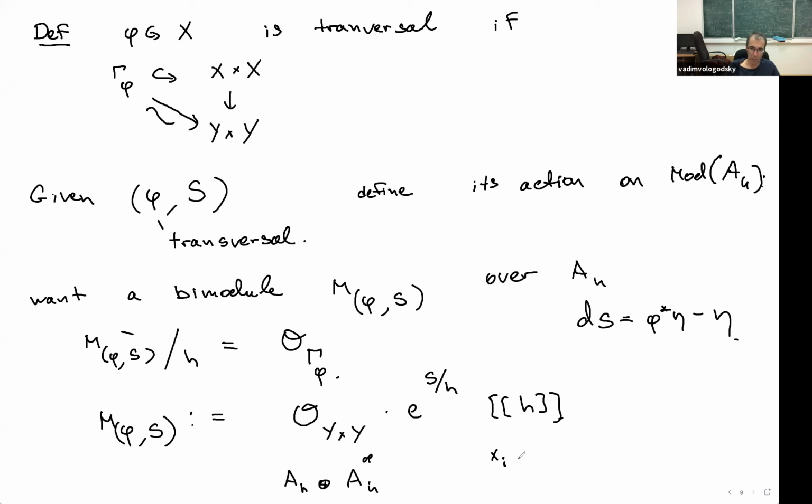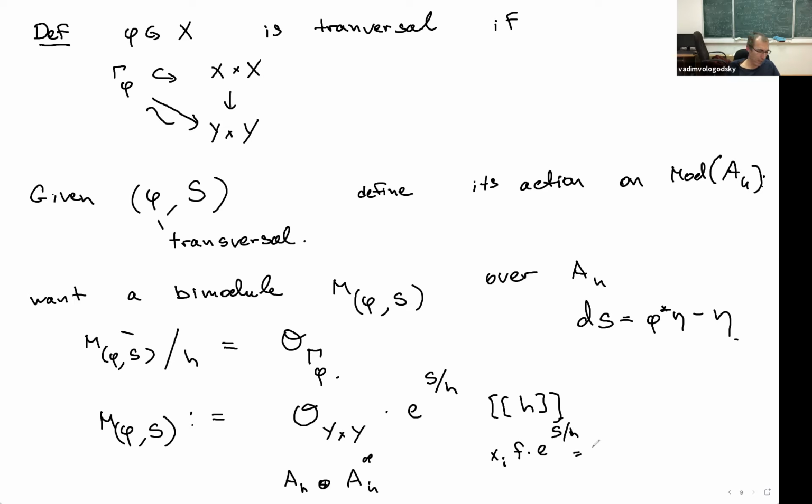If you want to act by x_i on f times e to the s over h, you differentiate this expression with respect to d over dy_i.